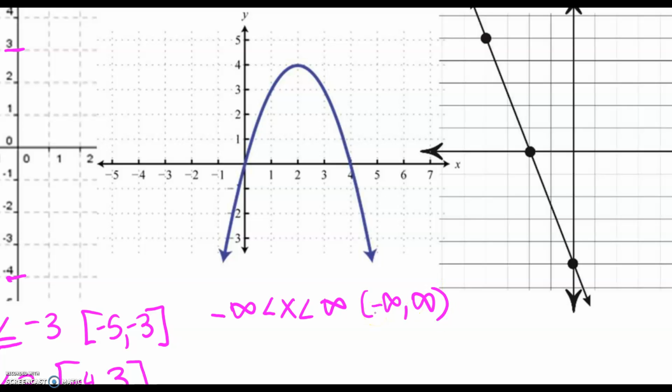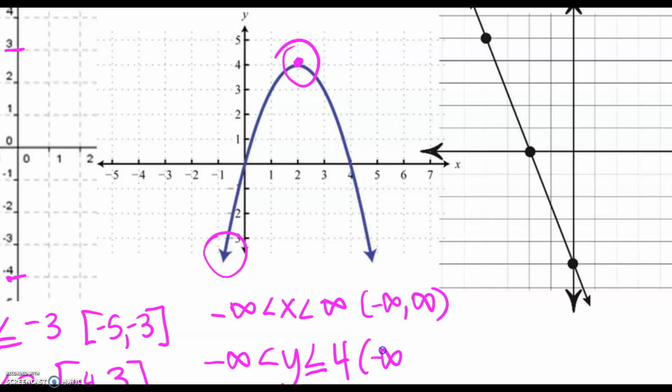But the y values have this maximum point at 4, where it doesn't get any taller than that. So that starts at negative infinity. It's definitely pointing down, and then it goes to the top value, definitely there at 4. So we write our range with the brackets as negative infinity, then 4, but with the hard bracket.